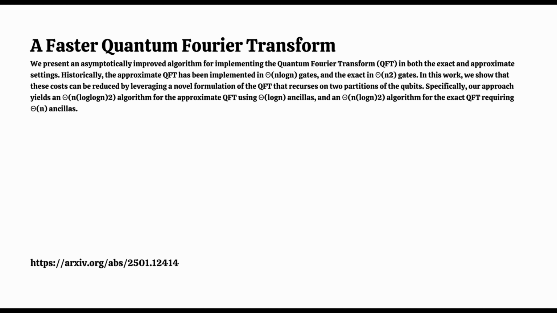So it's a lot faster. Yes. And then the exact QFT also sees some improvement. It goes from a complexity of n² to n log n². So this means that we can perform the QFT much faster, especially for large inputs. So as the inputs get bigger, the difference in speed is more pronounced.